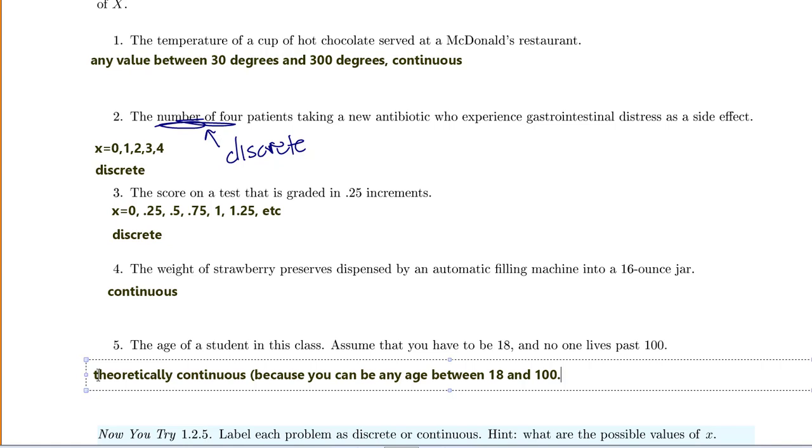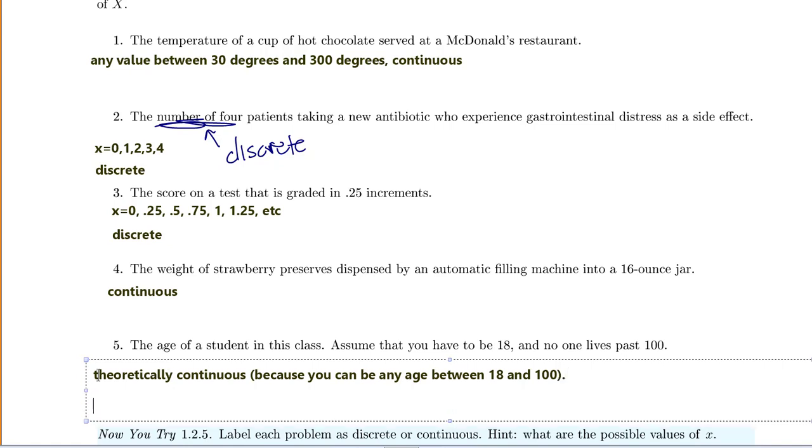Okay. Sometimes though, even though we usually round to the nearest whole number, if it could theoretically be continuous, we'll always put continuous.